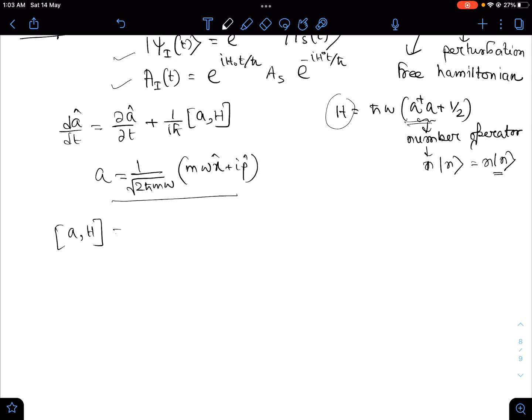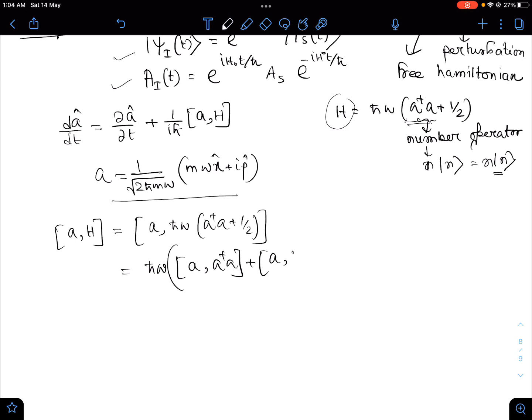So AH would be, we have our A and we have our h cut omega A dagger A plus half. Using the properties of the commutator that I have also explained in one of my videos, we will get A dagger A, and we will have A commutation with half.